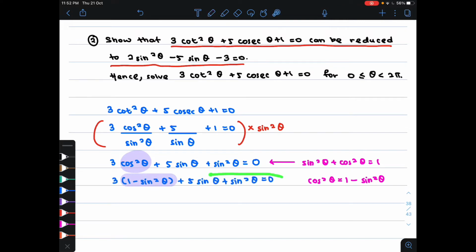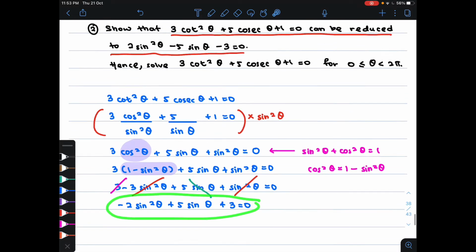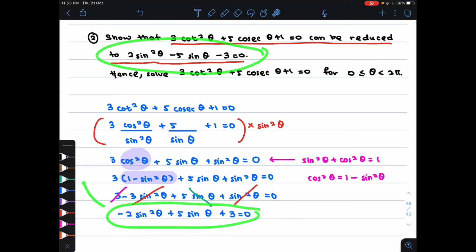So now we just need to simplify everything. Negative 3 sine squared theta plus sine squared theta is negative 2 sine squared theta. 5 sine theta stands by itself, and we also have positive 3. But if we compare our answer with the final answer, they are not the same.